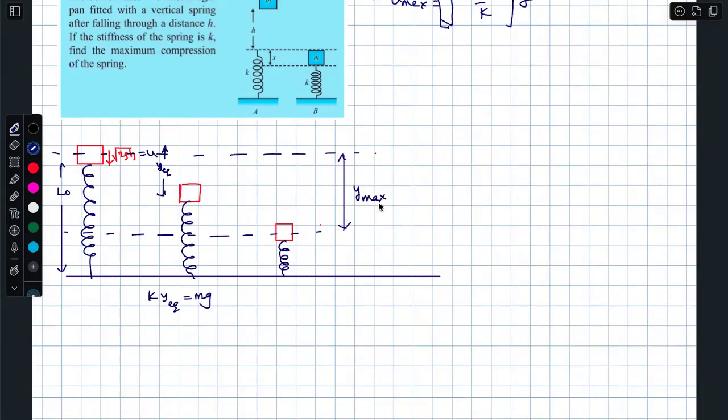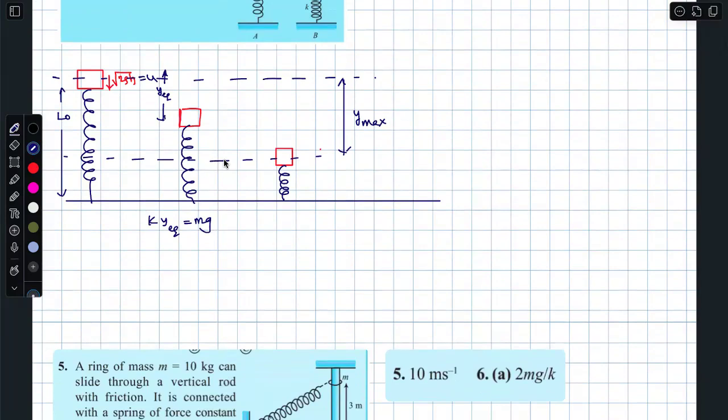I am just again going to do the same condition. So let me take this as A, let me take this as B. Don't use Y max is 2Y equilibrium here. That is true only when the block is released from rest. Y max is, yeah, half.